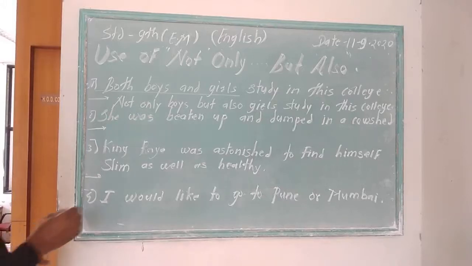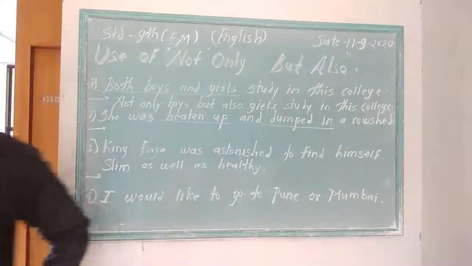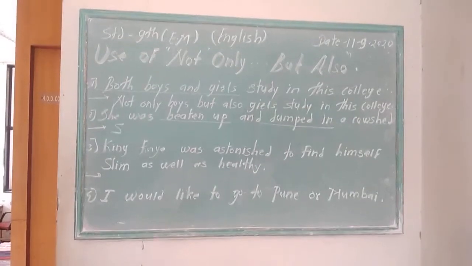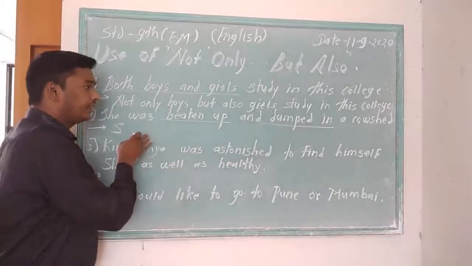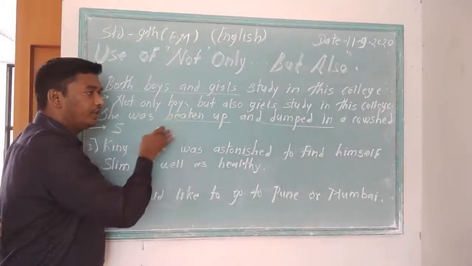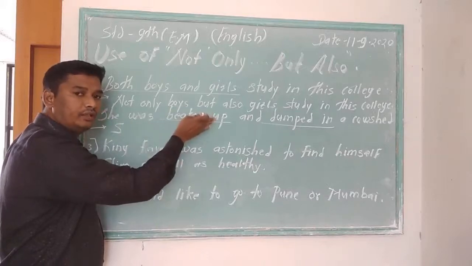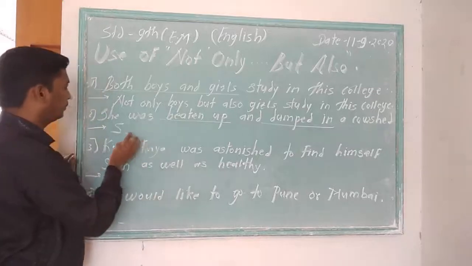She was beaten up and dumped in a cow shed. In this sentence, two actions are there: beaten up and dumped in. Can you pay attention here? These two actions are joined with and, and we have to join these two actions with not only but also.